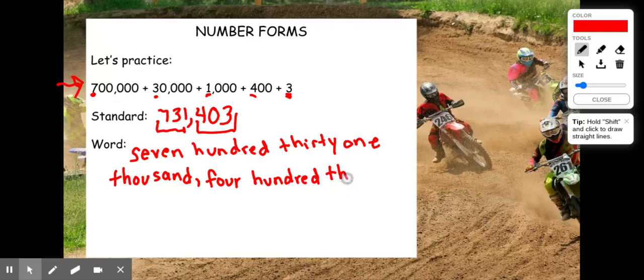I'm not writing "and 3" because that would show that there's a decimal. There's no decimal there. I'm just leaving out the tens place. So it just says 403.